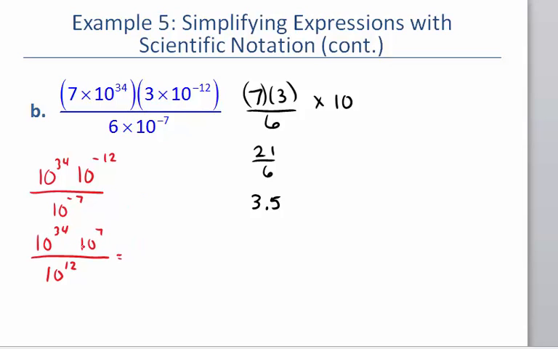Our bases here are alike, so we're going to add those exponents. So 34 plus 7 is going to give me 41. And we have a 10 to the 12th in the denominator. 41 minus 12 is going to be 29. So we have 10 to the 29th.